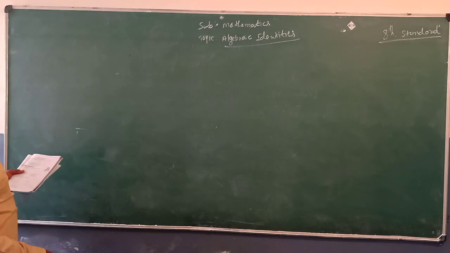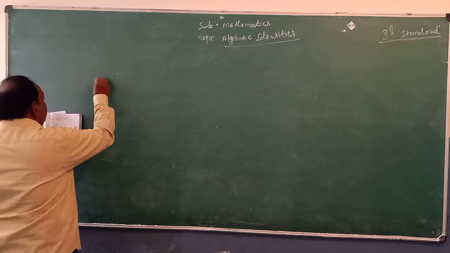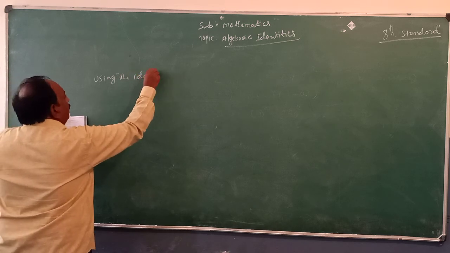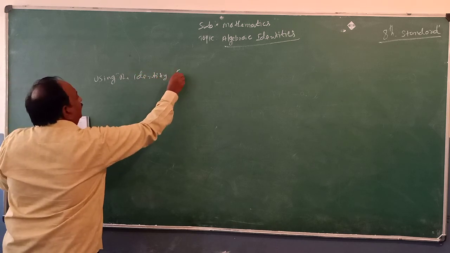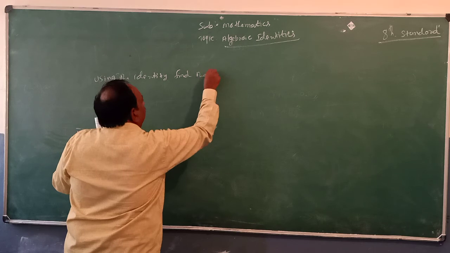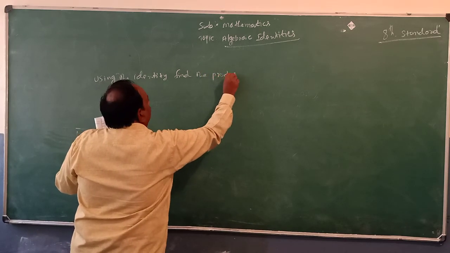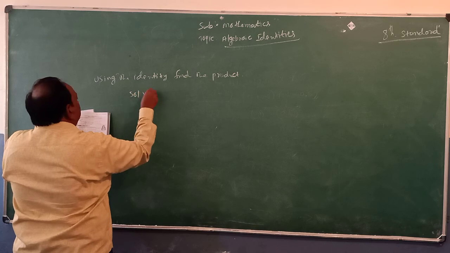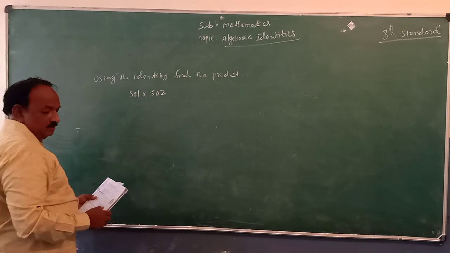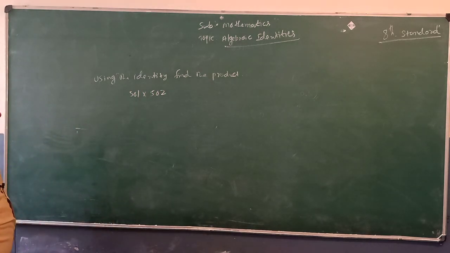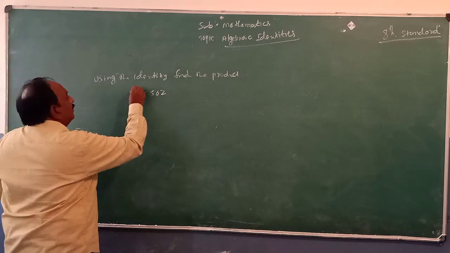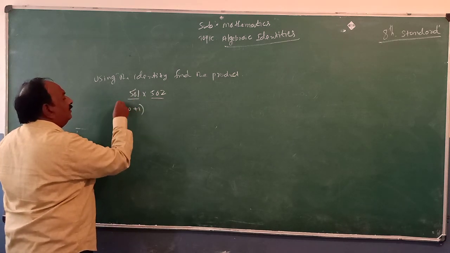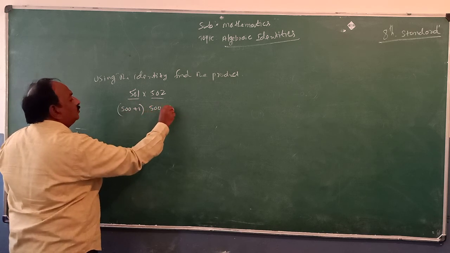Evaluate using the identity. Find the product 501 into 502. When we multiply this directly, we may do it like this, but by using the identity, 500 plus 1, 500 plus 2.